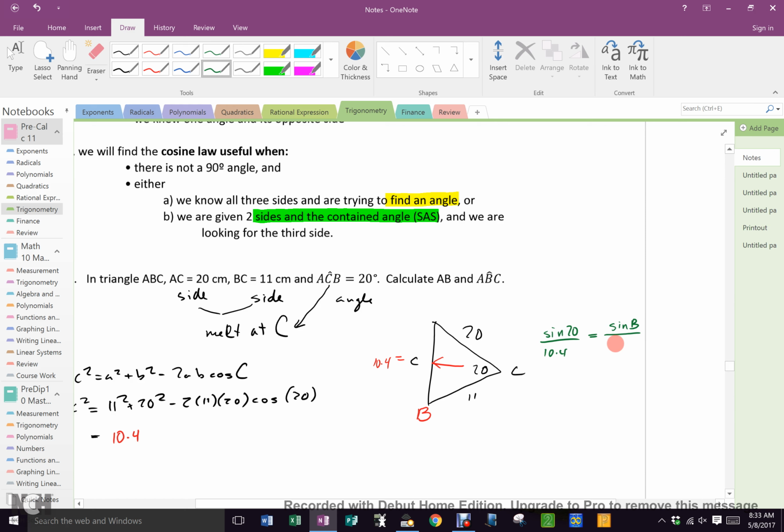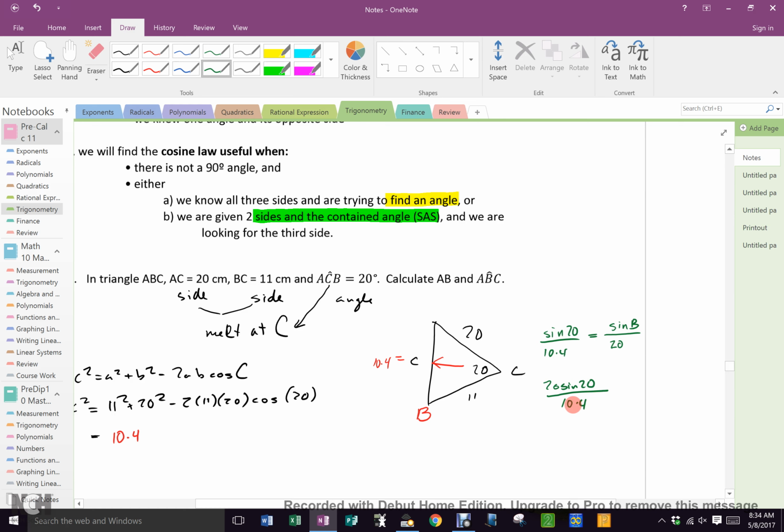What's sine B's, buddy? 20. And then we just cross-multiply, right? So now you're in trouble, because when you've set it up, you know that you need to go 20 sine 20 divided by 10.4, yes? And you can see that 10.4 on your machine, right?